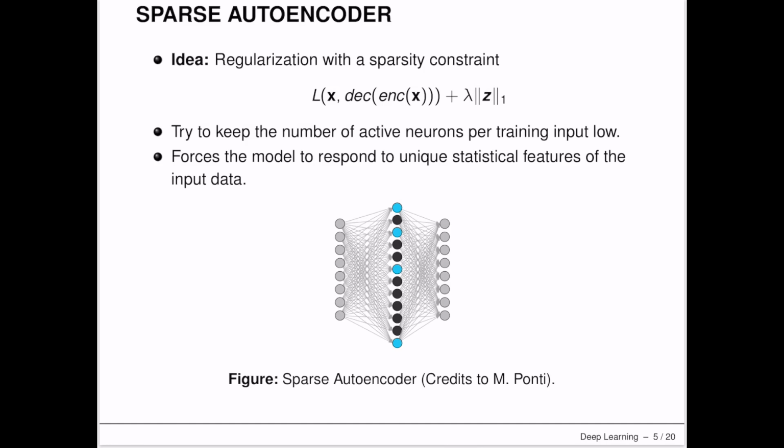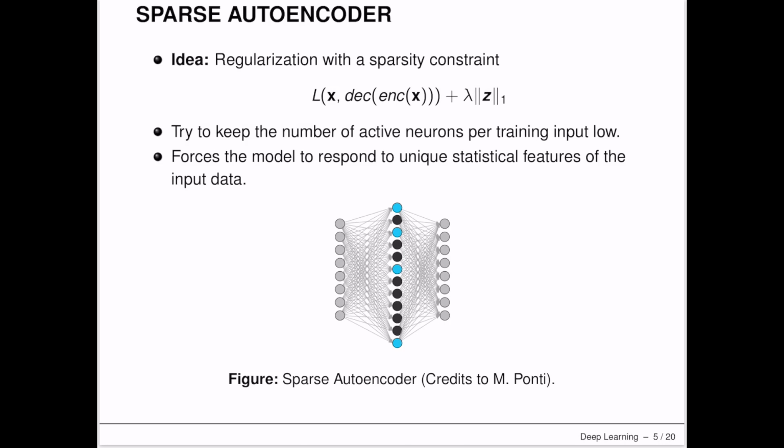How can we do that mathematically? We can take our standard loss that we used for training autoencoders and add a regularization term to it. We add the L1 norm of the hidden neurons, and if we recall the properties of the L1 norm, we know that it gets larger as more hidden neurons have an entry different from 0.